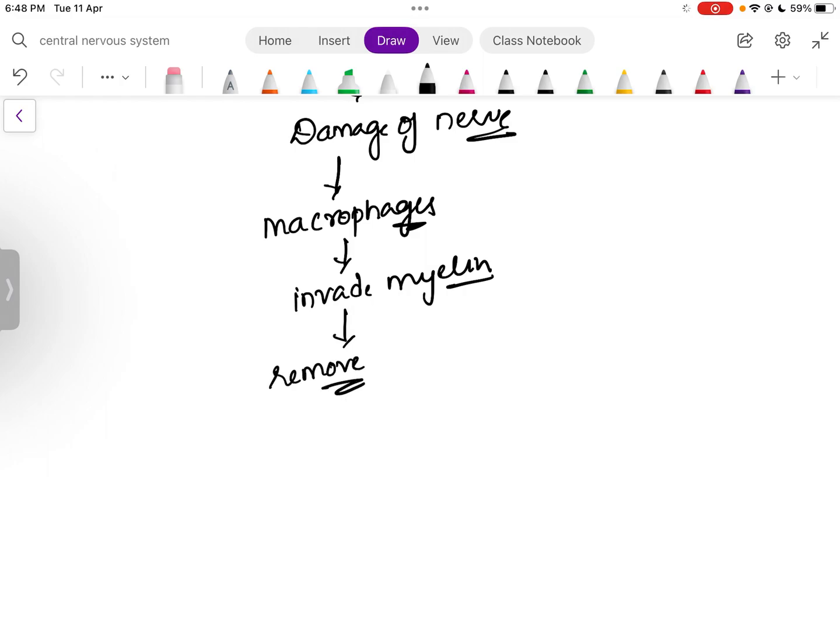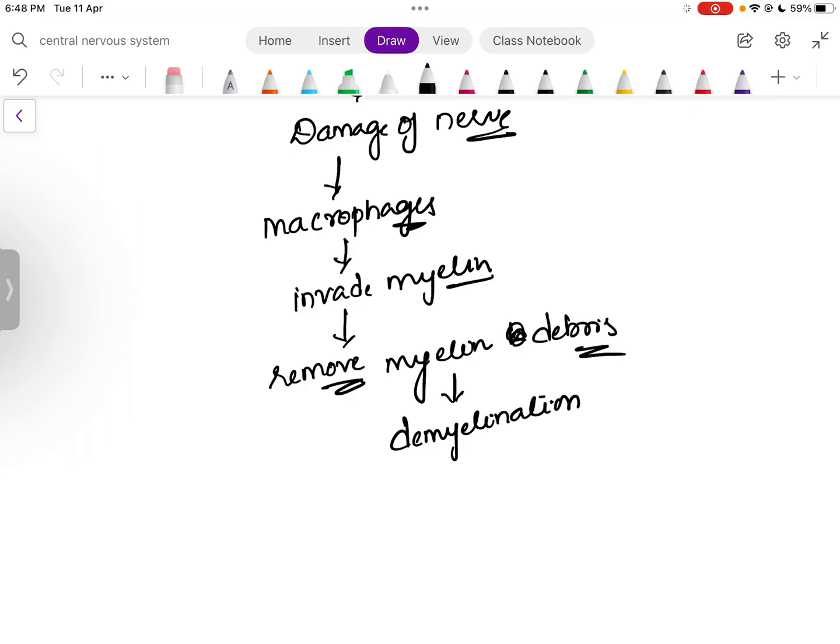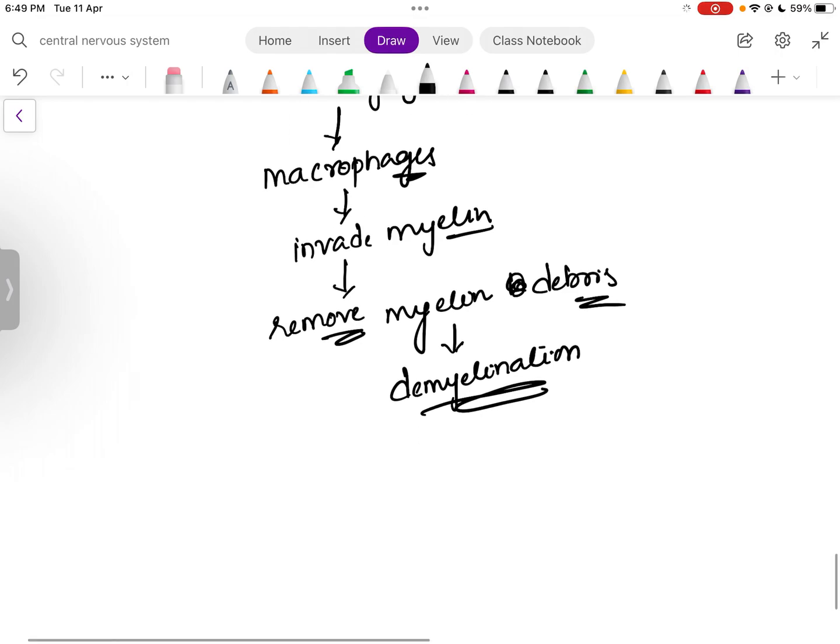So macrophages will remove myelin debris. This is what will happen in Guillain-Barre syndrome. This removal of myelin debris will cause demyelination of nerves. So myelin, which is surrounding the axons, will be lost.